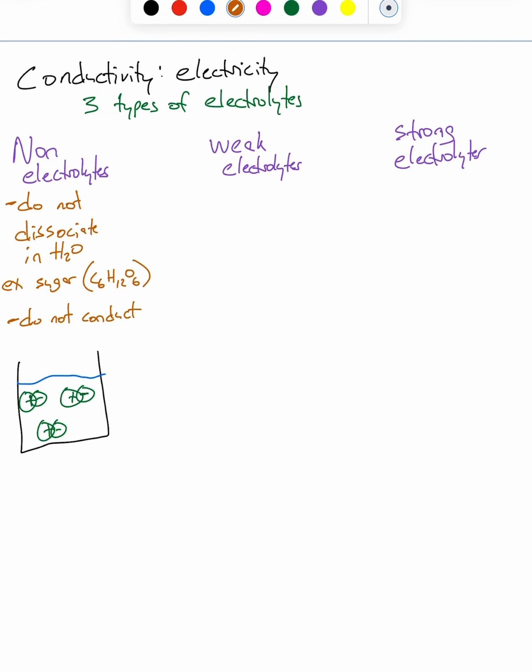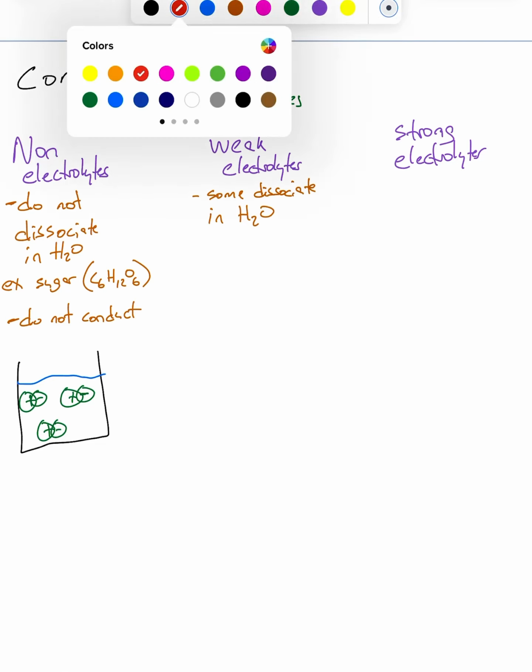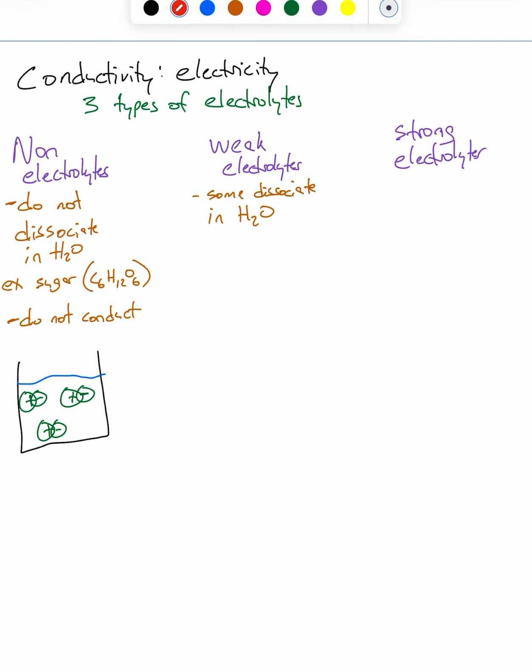So weak electrolytes, they kind of dissociate. Some dissociate in water. Non-electrolytes do not dissociate in water.